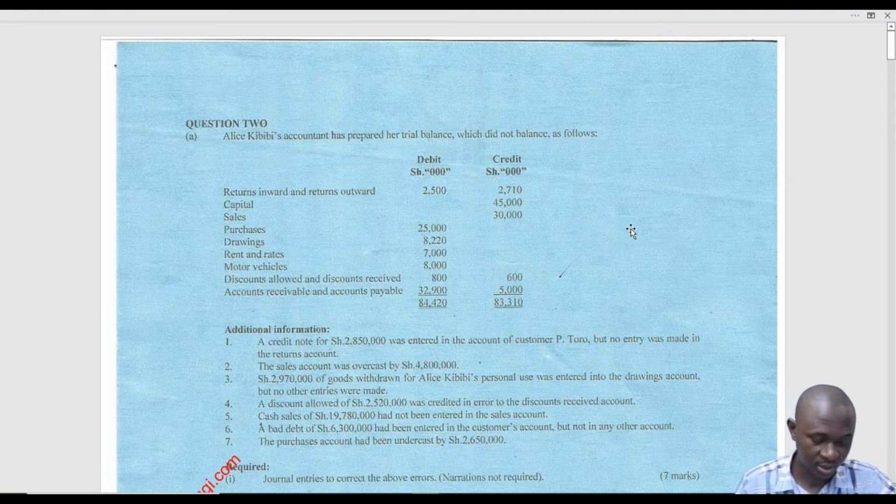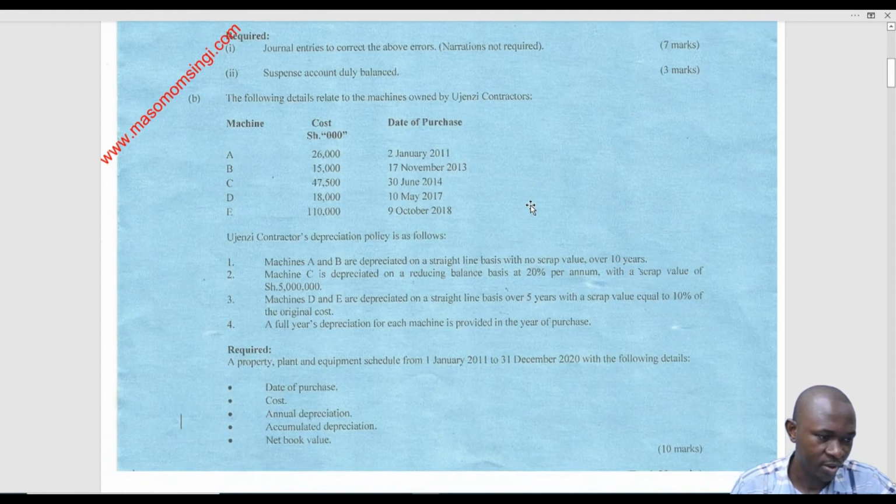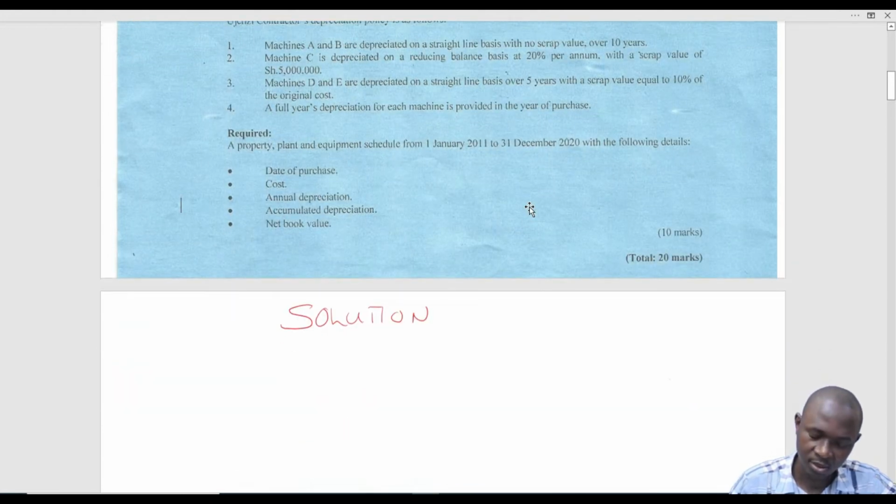We'll discuss question 2. This is question 2 of the May 2021 financial accounting paper.